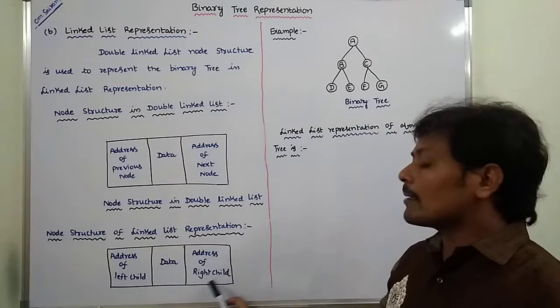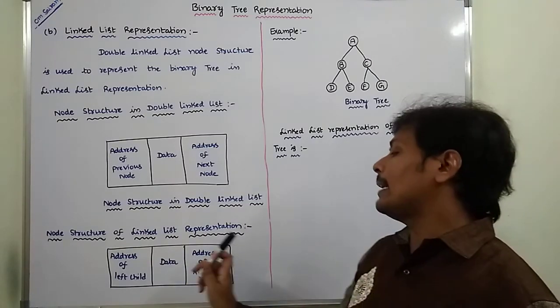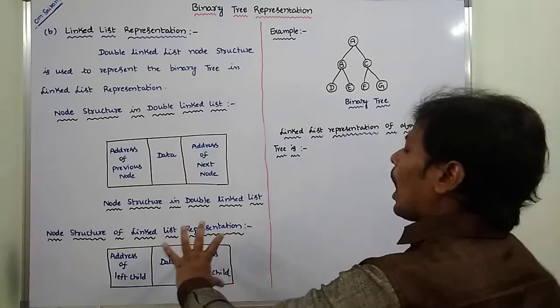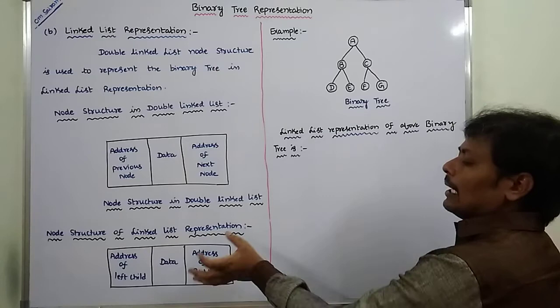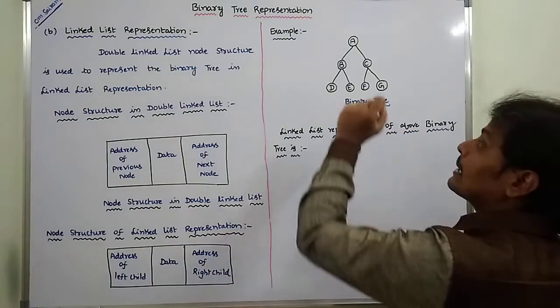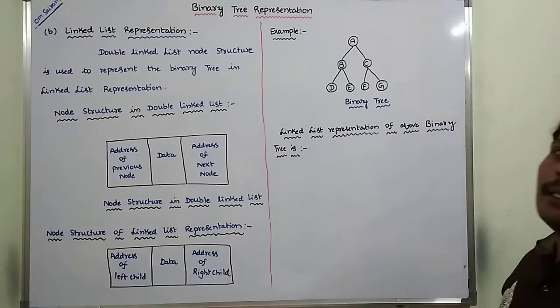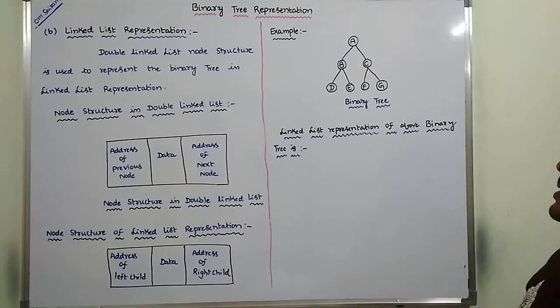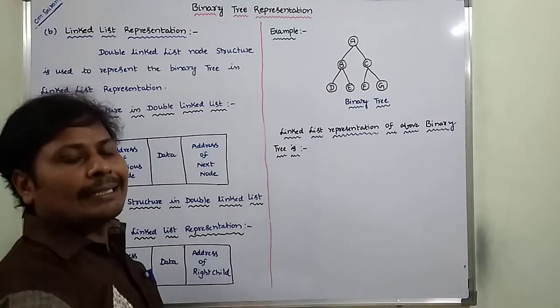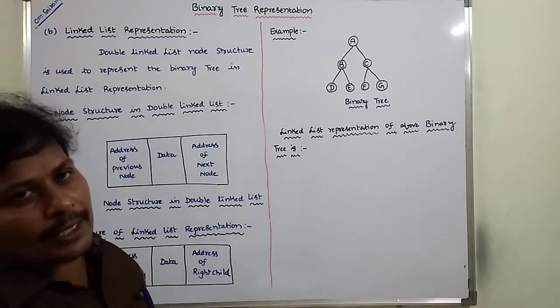This part is the address of the right child of this node. Now, how can this node structure be used to represent the binary tree? So now, how can this binary tree be represented in linked list representation.